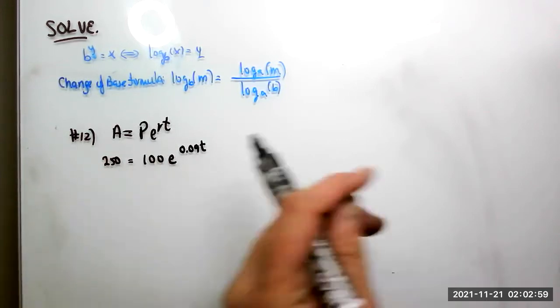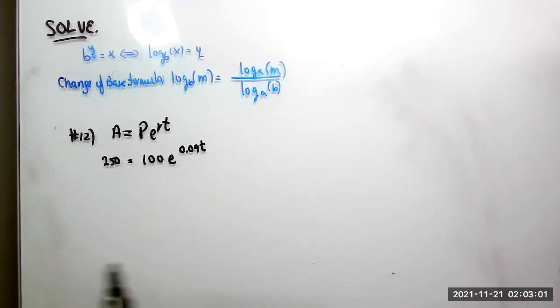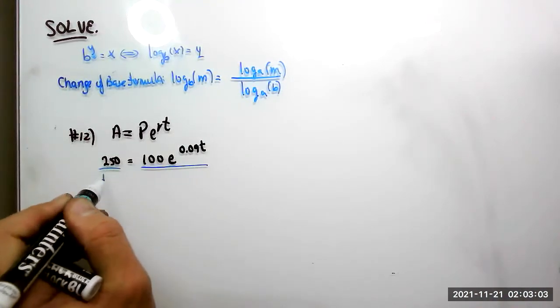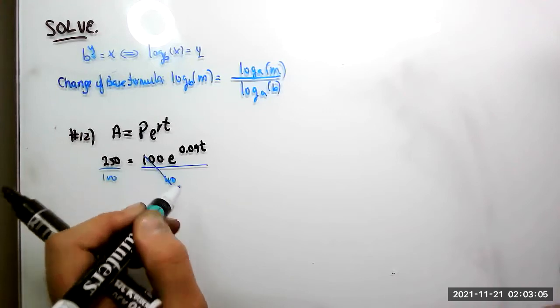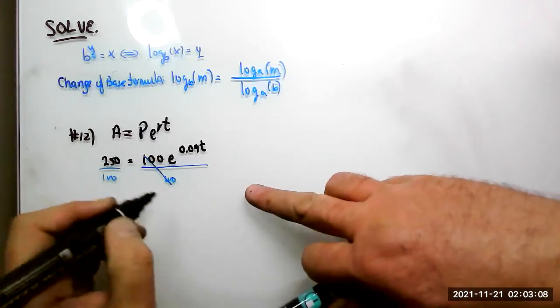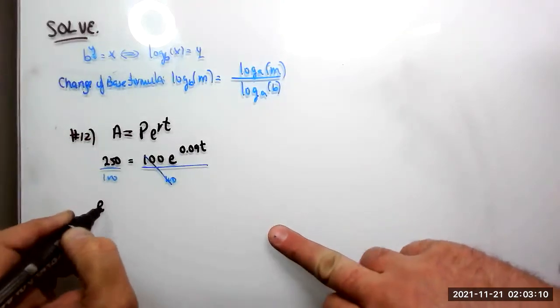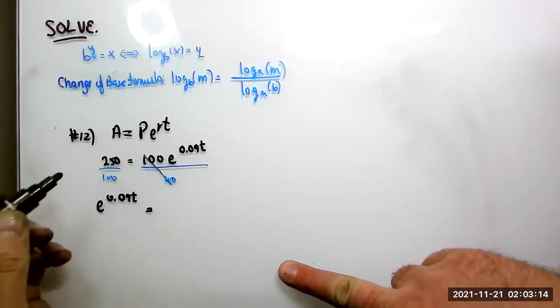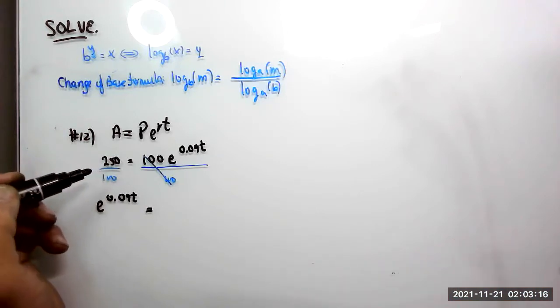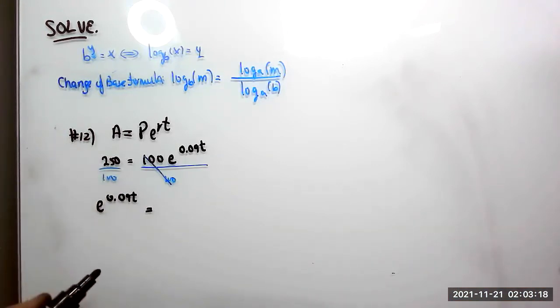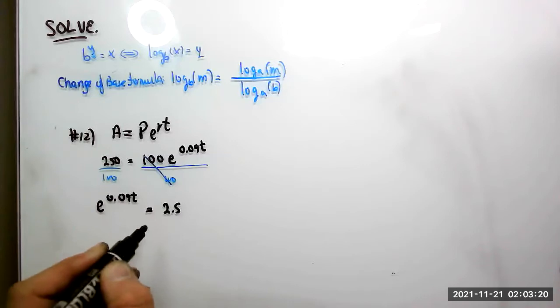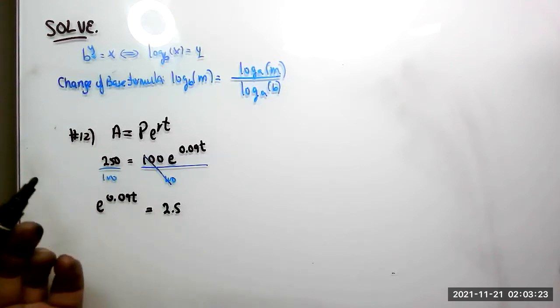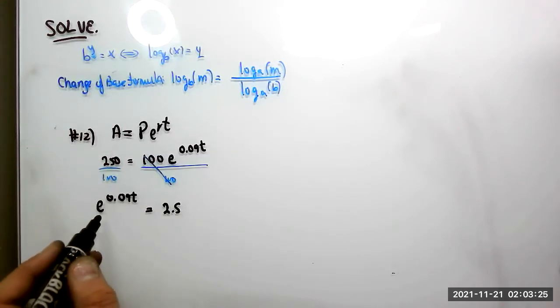So let's divide first by 100. So now what do I have? I'm going to write it the other way around. So I have e to the 0.09 t equals 250 divided by 100. That will be, of course, 2.5. So back to basics, folks.